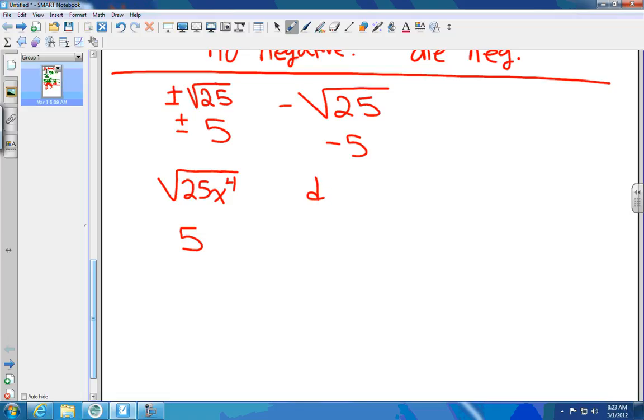So for variables, you divide the exponent by the index. Divide the exponent by the index. So the index is 2, the exponent's 4. 4 divided by 2 will give you x squared.